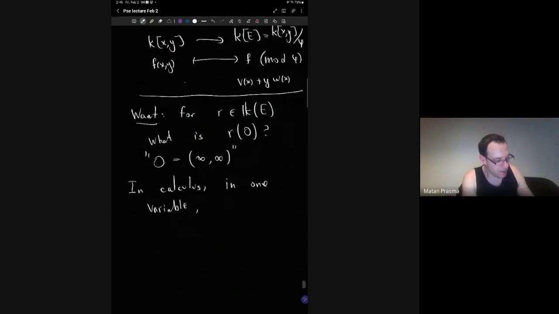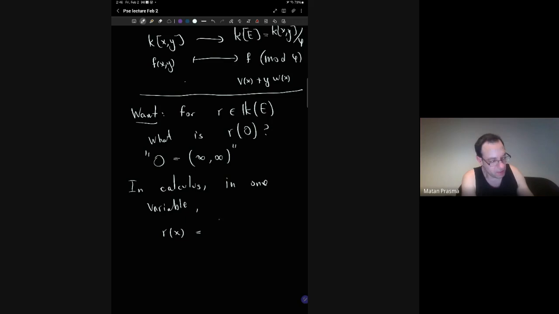Let's say I have a rational function, x divided by x squared plus 1, and I want to evaluate it at infinity. Of course, if I substitute infinity on the nose, I get infinity divided by infinity, and I cannot make sense of it.